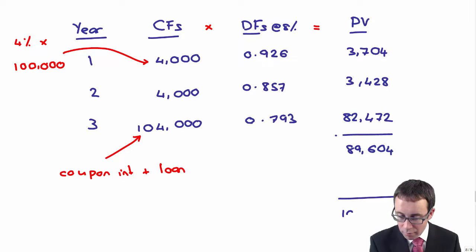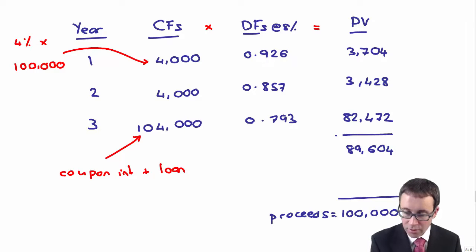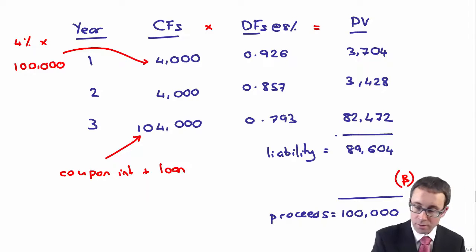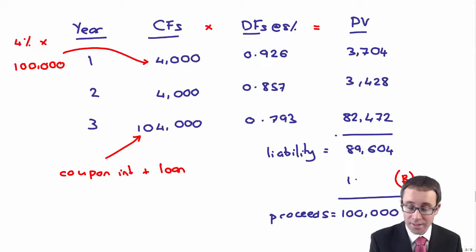We know that the proceeds are equal to 100,000. We've worked out the liability element, haven't we? So the balancing figure, the difference between the two, is 10,396.